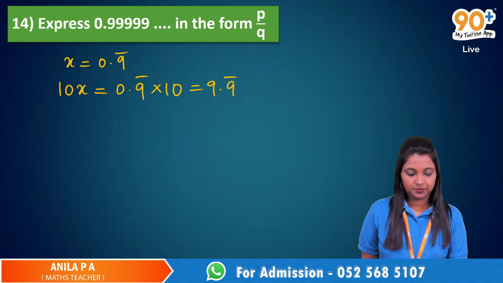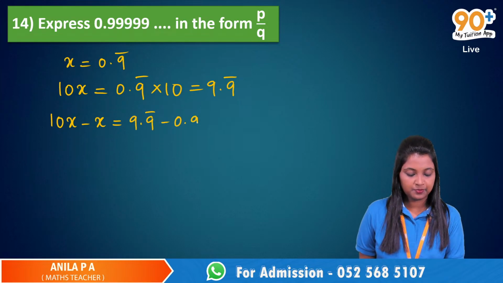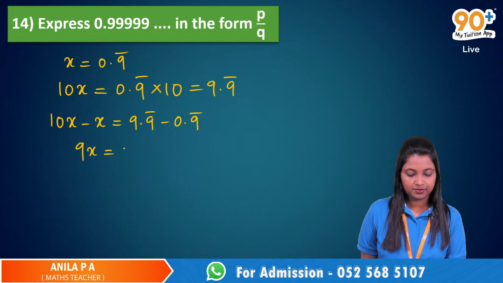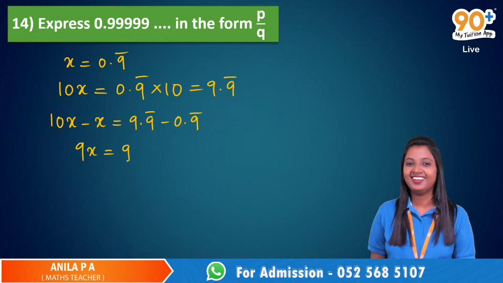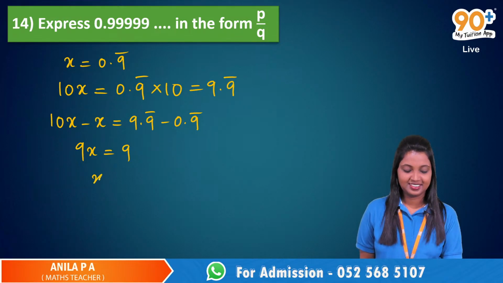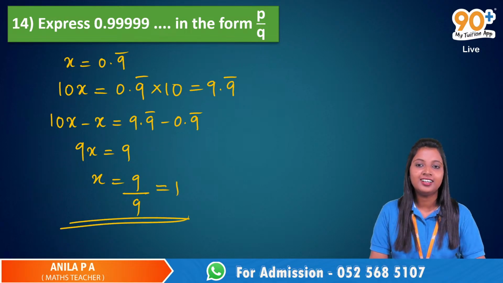Now we subtract 10x minus x, which is 9.9 bar minus 0.9 bar, which is 9x is equal to 9. Oh, that's why I'm surprised. x is equal to 9 by 9, which is 1.